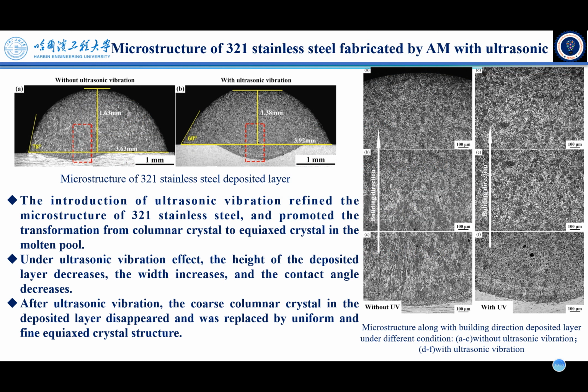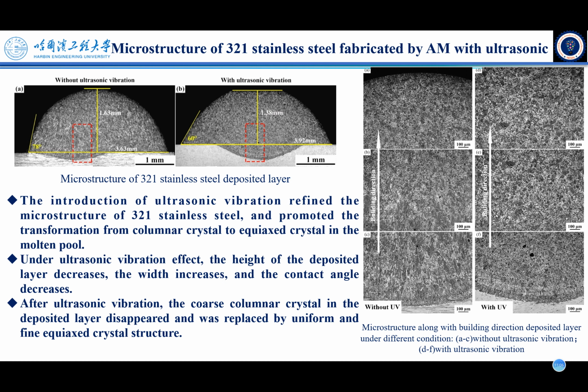The introduction of ultrasonic vibration refined the microstructure of stainless steel and promoted the transformation from columnar crystal to quasi-equiaxed crystal in the molten pool, and the ultrasonic vibration affects the height of the deposit layer. This decreases the height, increases the width, and the contact angle decreases.